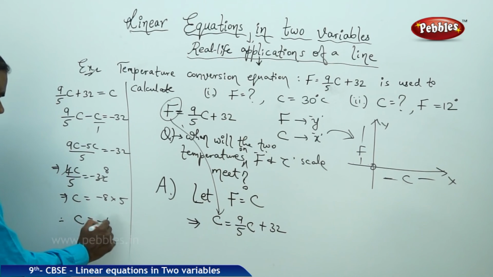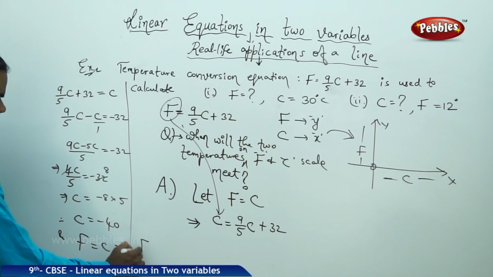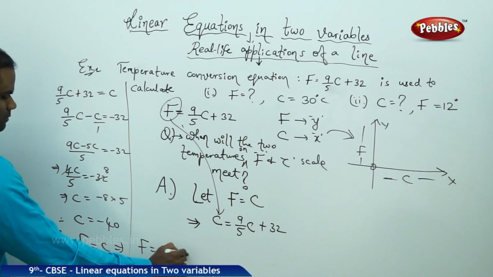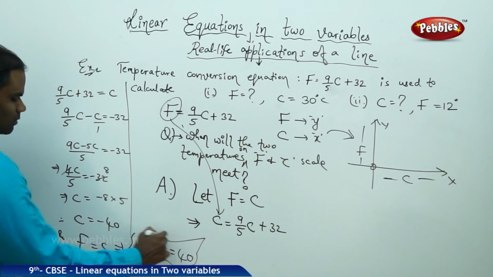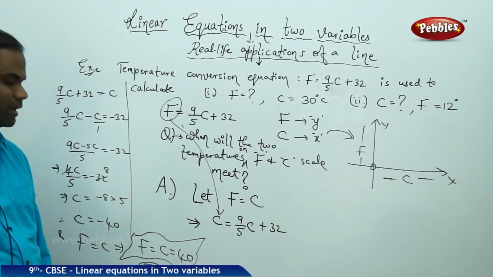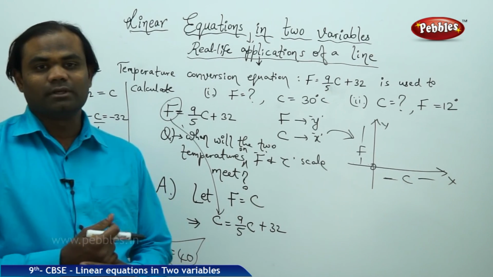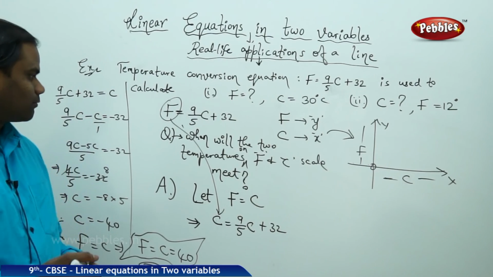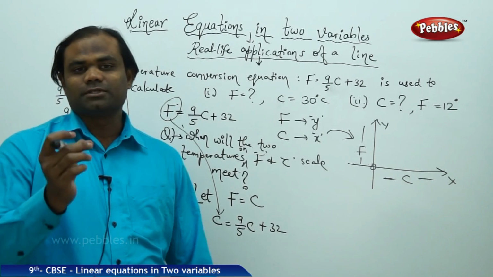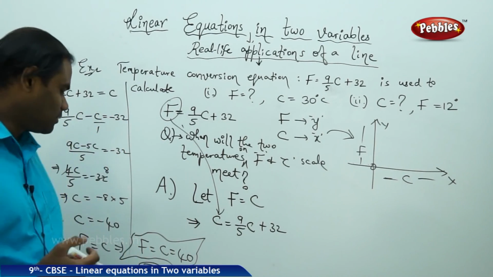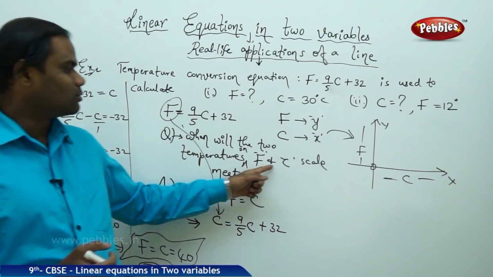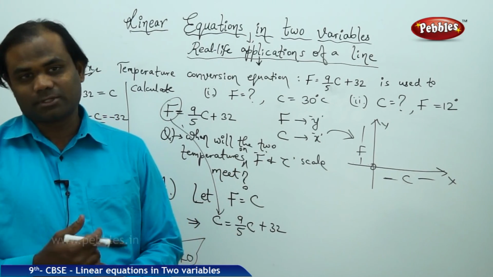Therefore, c is minus 40, and f equals c implies that is how I can identify the values of f and c being equal at minus 40. Therefore, when the temperature reaches minus 40 degrees centigrade or minus 40 degrees Fahrenheit, the two temperatures meet on the same scale.